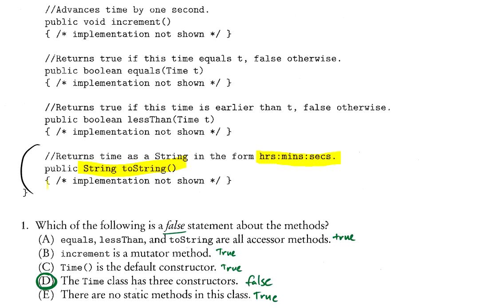The implementation's not shown to me at all. I have no idea how they're doing it, or possibly they didn't do it correctly, but I'm assuming that's not my job. That's going to work and be there. So when I ask it to print out t, it invokes toString, and if everyone's done their job correctly, it should print out the time in exactly that format.